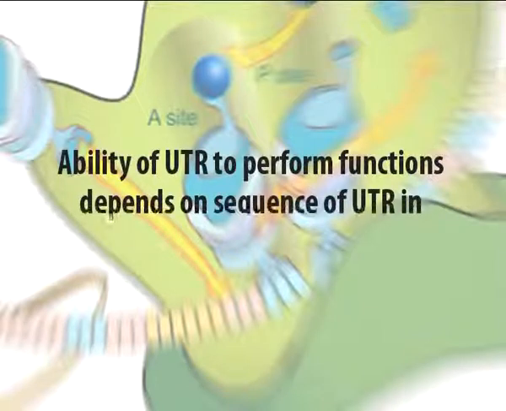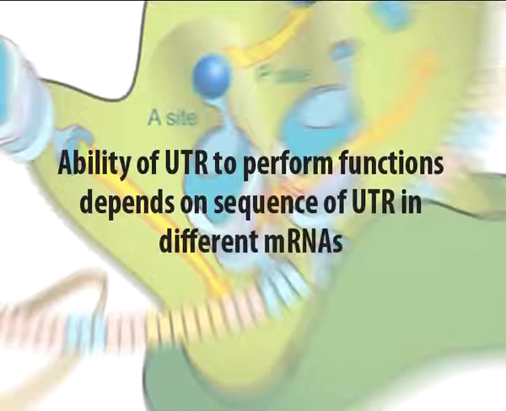Several roles in gene expression have been attributed to the untranslated regions, including mRNA stability, mRNA localization, and translational efficiency. The ability of a UTR to perform these functions depends on the sequence of the UTR in different mRNAs.